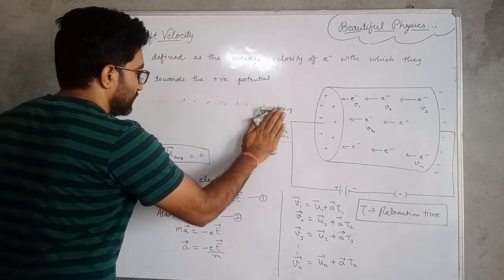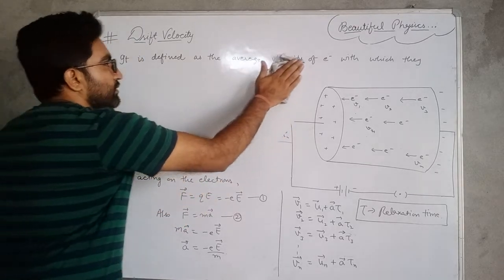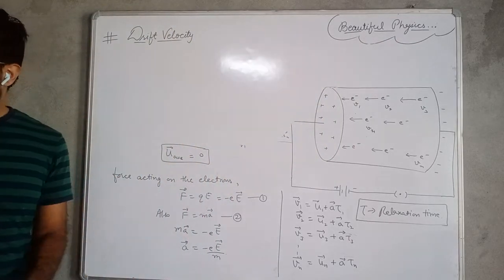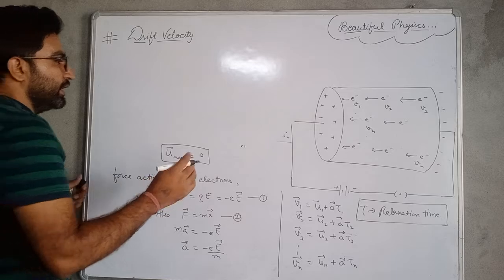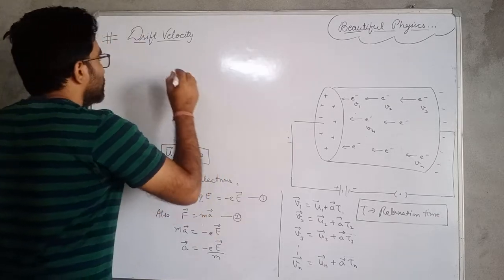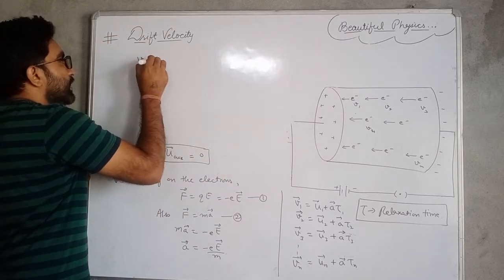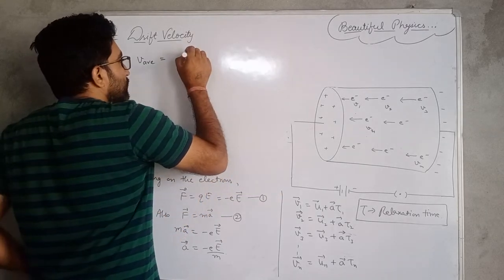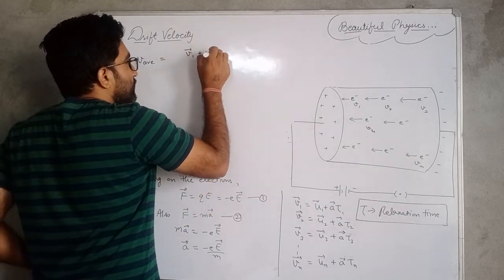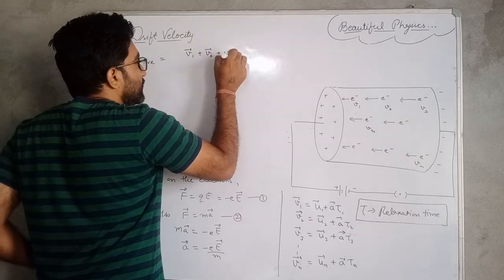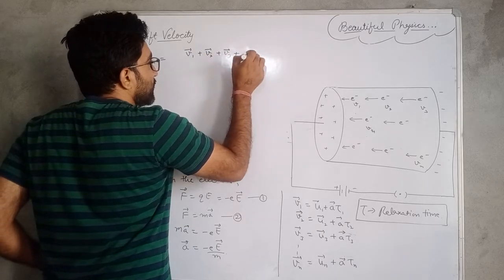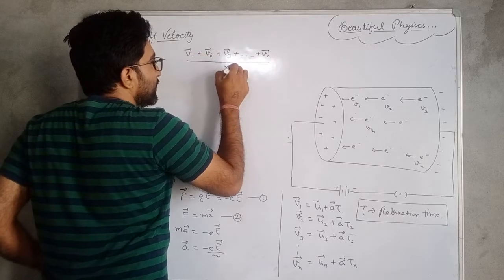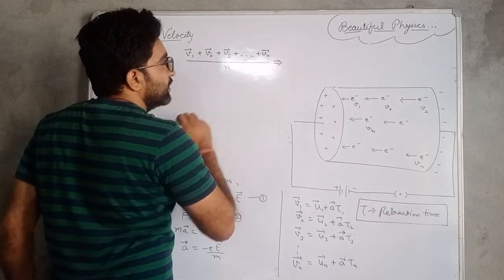So if we find the average, V average will be equal to V1 plus V2 plus V3 plus up to Vn divided by n, and this term represents the drift velocity.